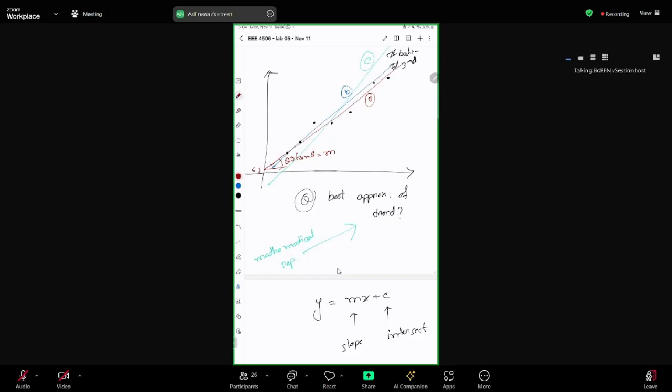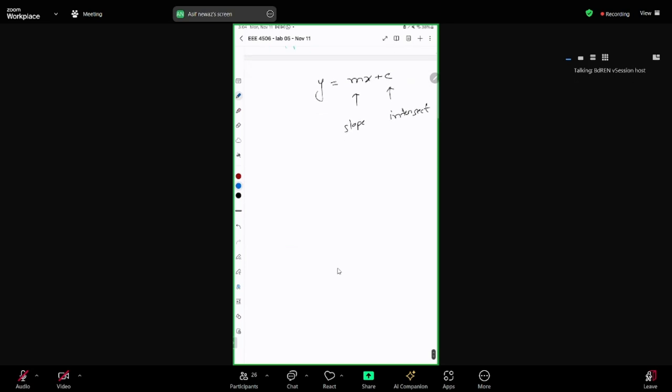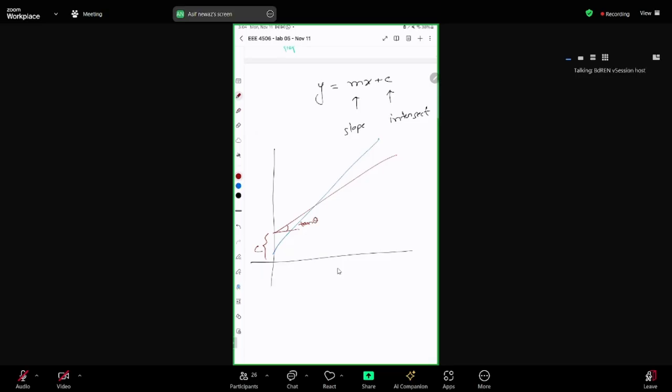Now for the blue one, let me draw it here again. If I try to draw a line, let's say this is one line, this is another line. For the red one, this is my c, and this is tan theta, that is my slope. Let's say that is my m.